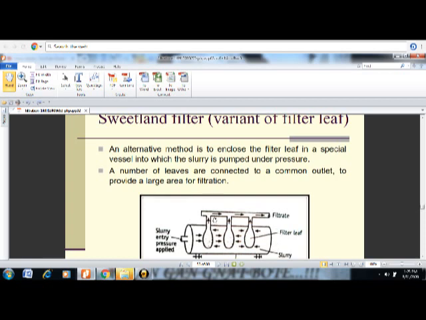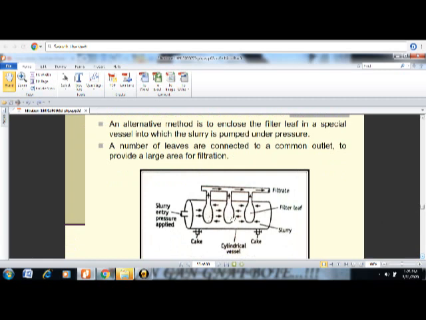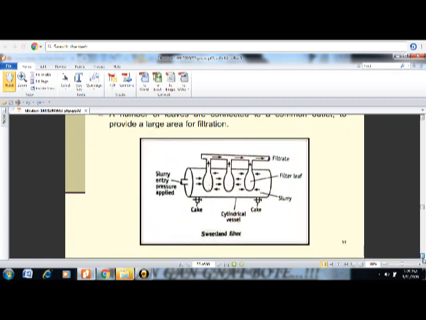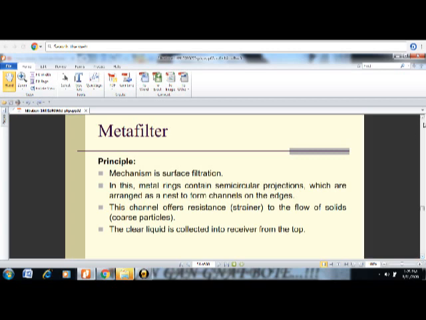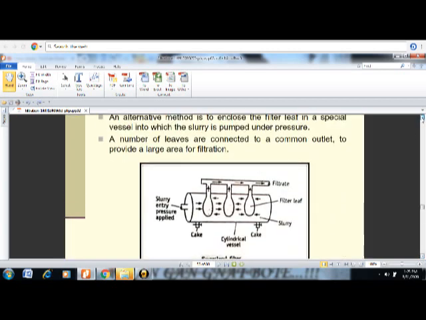Pressure is applied here and these number of leaf filters are here. So surface area is also increased and the same function as that of the filter leaf is there, and you will get the filtrate from here. So this is about the Sweetland filter. So this completes the filter leaf.